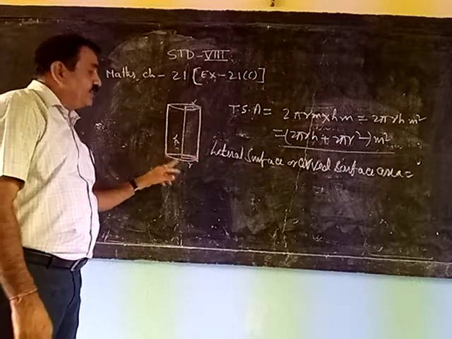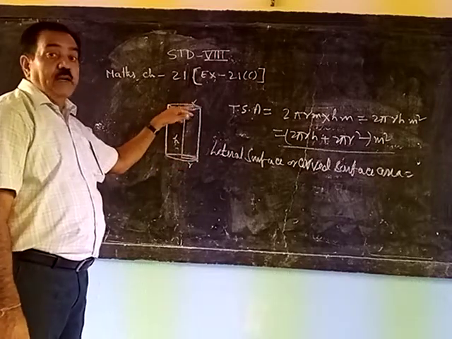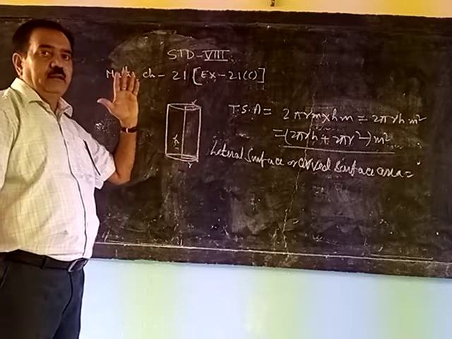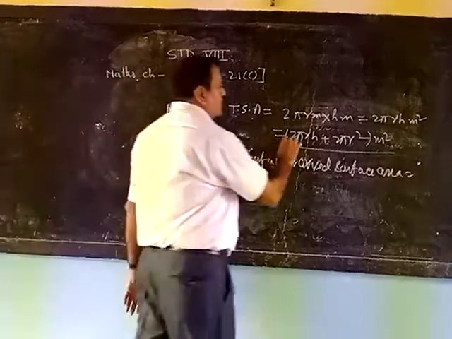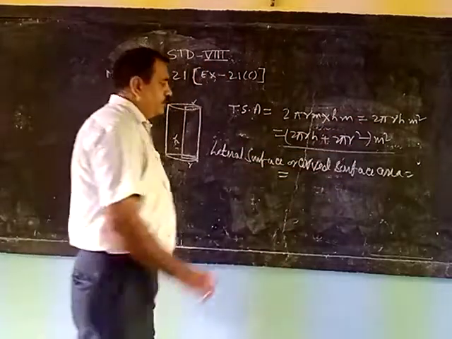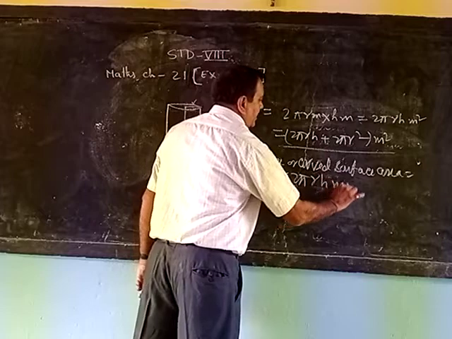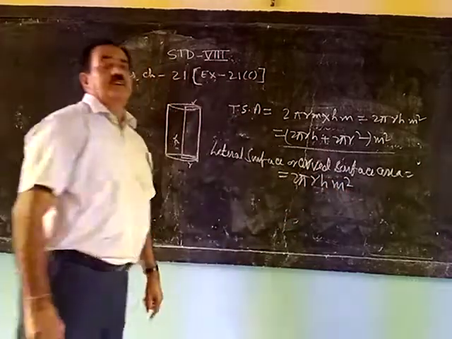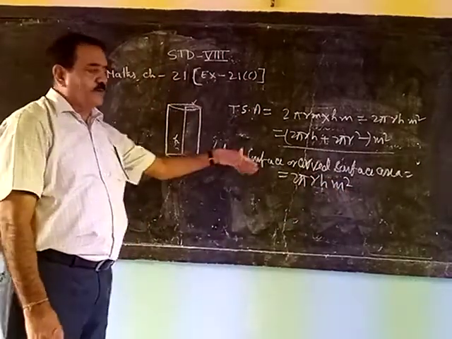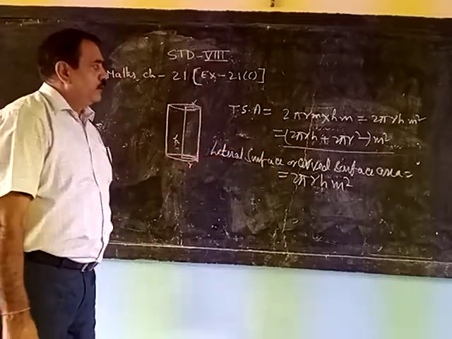The bottom portion is pi r square area, the top portion is also pi r square area, minus this area. Then from the total surface area, when we minus this 2 pi r square, what will be left? 2 pi r h meter square. This is the lateral surface area of the cylinder. This is the formula for the lateral surface area or curved surface area of the cylinder.